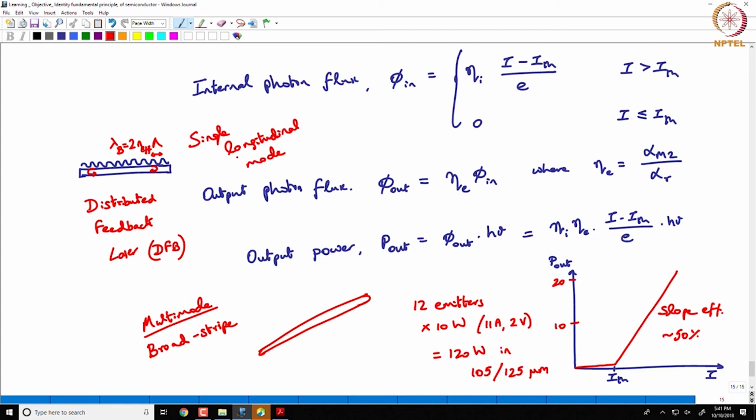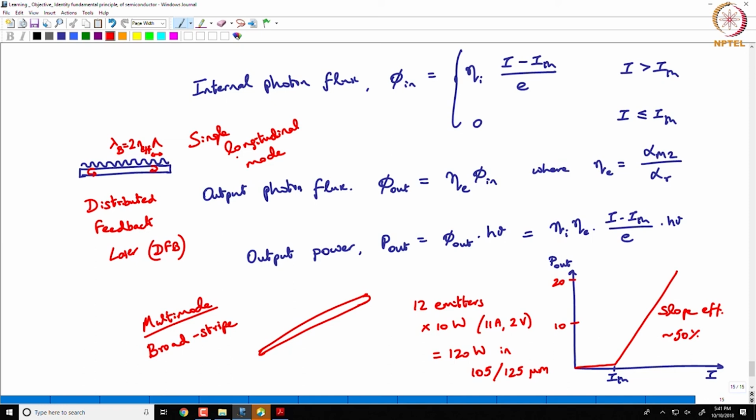So, sometimes it is loosely called a single frequency laser also. Okay. Although there is no such thing as a single frequency laser, even if it is operating in a single longitudinal mode, because of the phase noise associated, it will actually have a finite spectral width in the order of megahertz.